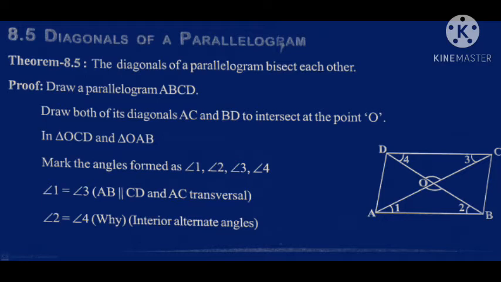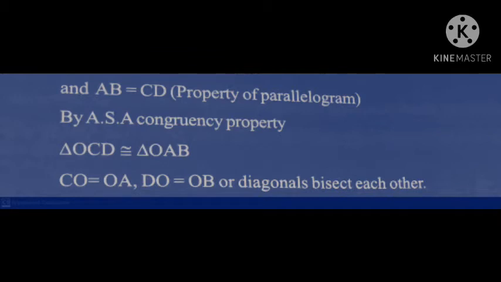Next, angle 2 equal to angle 4, since they are alternate interior angles because AB is parallel to CD and BD is transversal. And AB equal to CD, it is a property of parallelogram. By angle side angle congruency property, triangle OCD is congruent to triangle OAB.